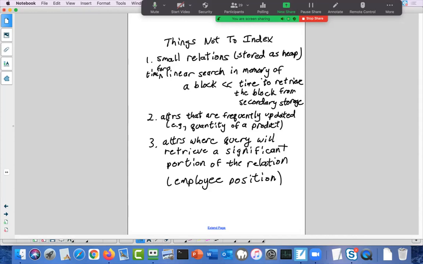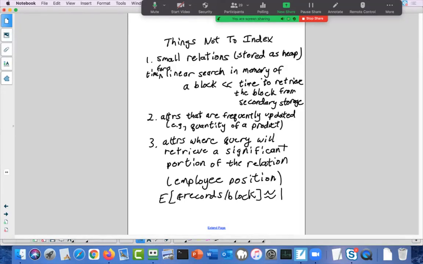Now, this is something you've got to be careful with. You need to know the expected number of records per block that are going to be retrieved. So if the expected number of records per block, which remember is tuples per block, is going to be roughly 1, you're thinking, that's pretty good.